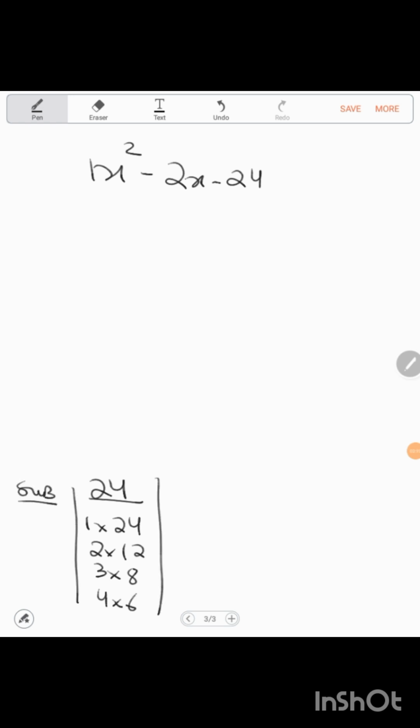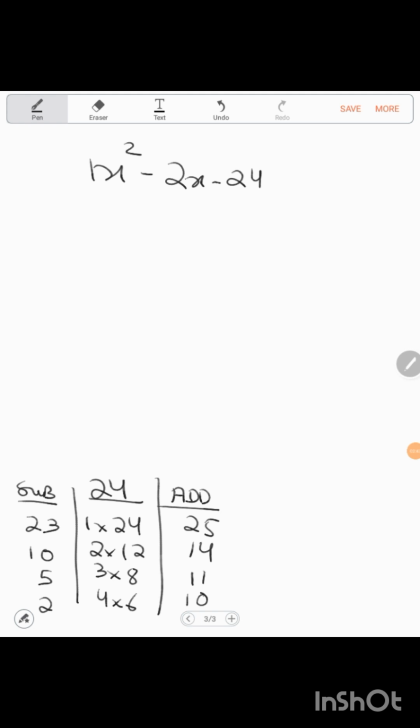So once you are subtracting it, and the other time you are adding it. So 24 minus 1 is 23, 10, 5, 2, and 25, 14, 11, and 10. Okay, so now you are going to have minus 2 in your middle term.